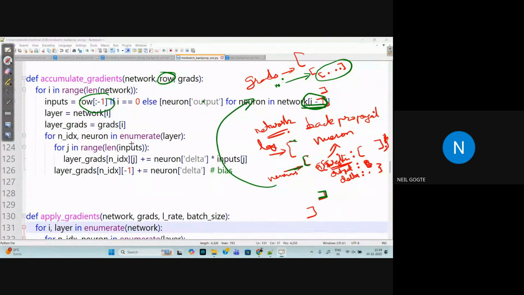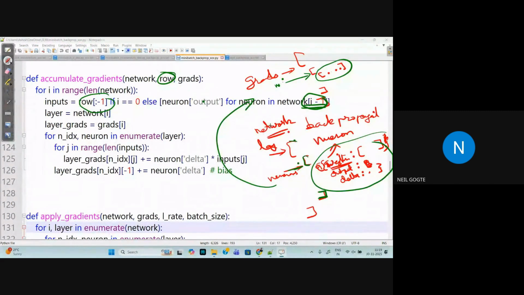Using this, I'm going to update this for each neuron. Forget this nidx, it is just to keep the index so that it becomes easier to refer. For each neuron in the layer, think of this data structure where we already computed the deltas. So layer grads i, layer, for each neuron, for each weight.